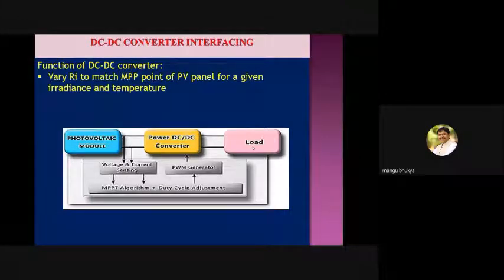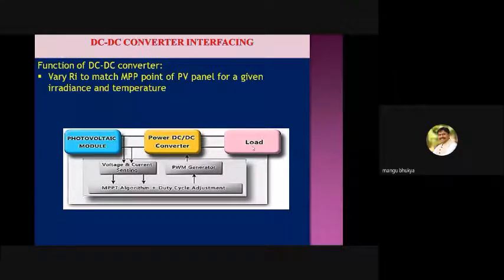The battery is not only related to PV. If you see in electric vehicles also, the battery plays a very important role. Now people are using different charging techniques. In future, the technology will be battery swapping, just like we are using an LPG cylinder: they take the empty cylinder and replace it with a full one.